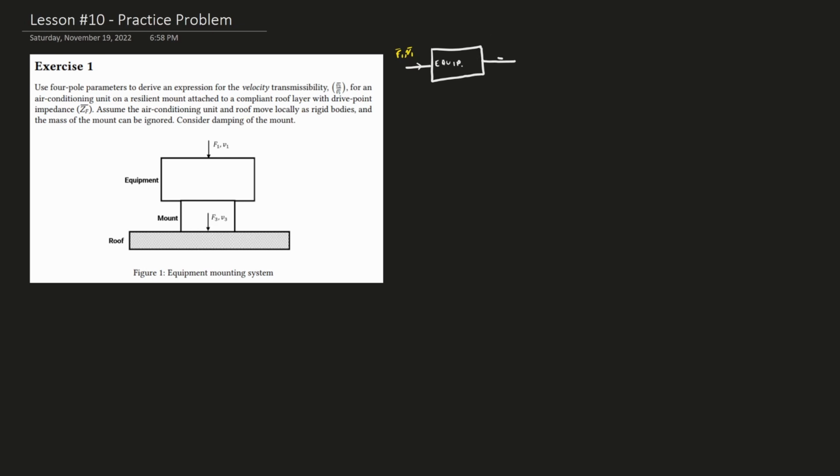And then we must have some connection between the equipment and the mount. And at that connection, we can say that there must be a force and velocity F2 and V2.